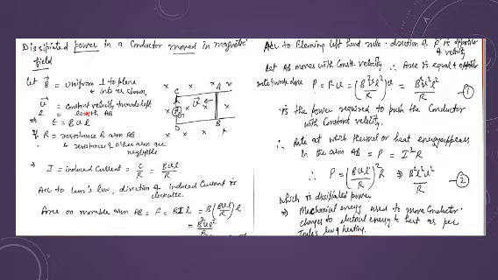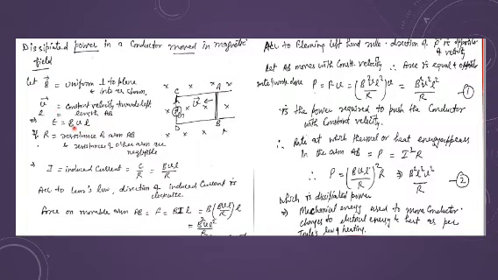B we are assuming uniform magnetic field, we are assuming constant velocity, and the length AB we are assuming small l. Then the induced EMF we have derived, it is coming out to be BVL. We have just derived this expression.